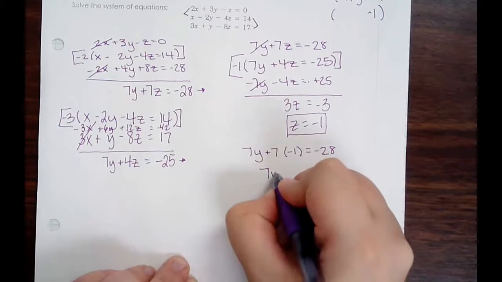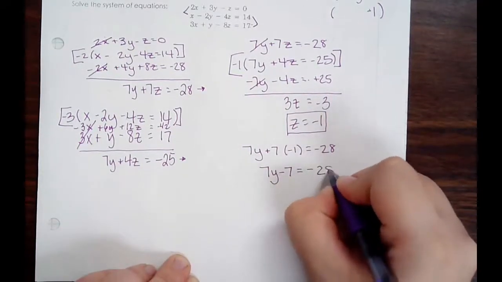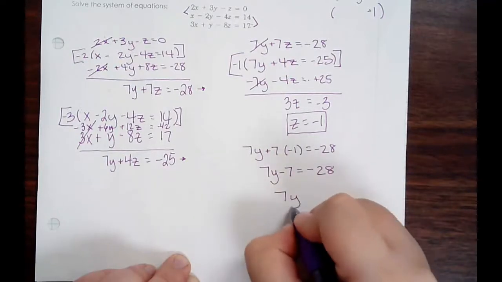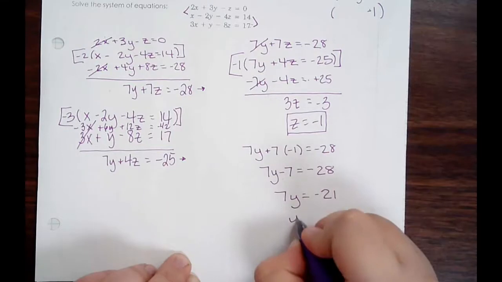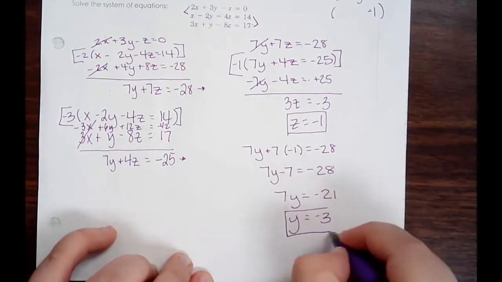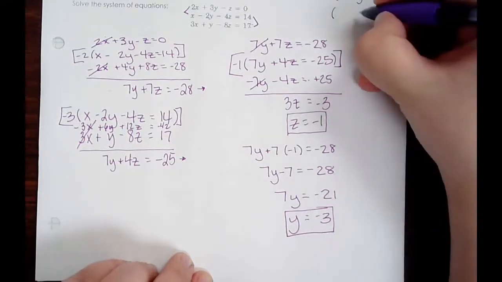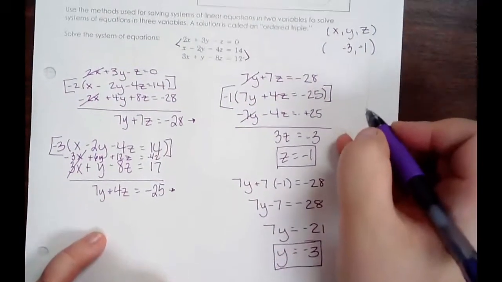Solve the way you would. When we add the 7 over, we get -21, and then we get y equals -3. Awesome. We now have our second component to our ordered triple. I just put that up here.